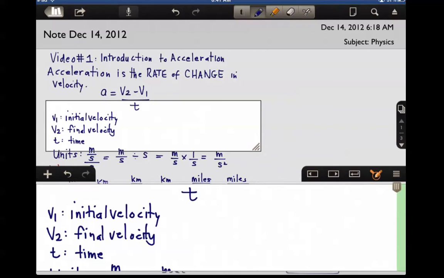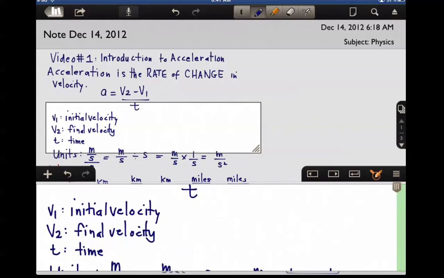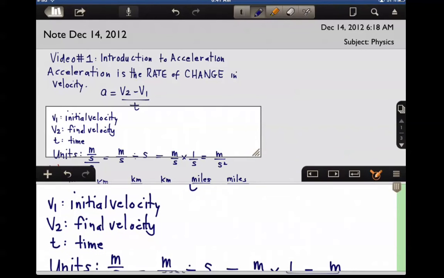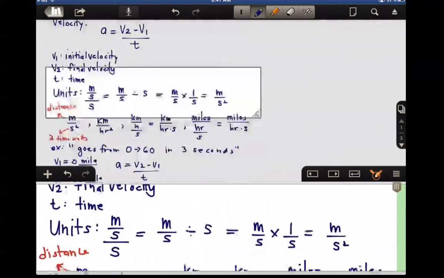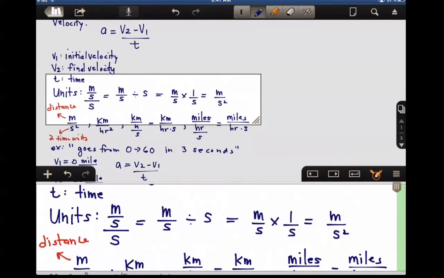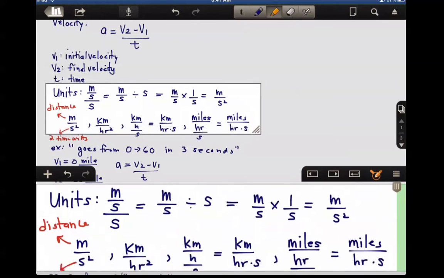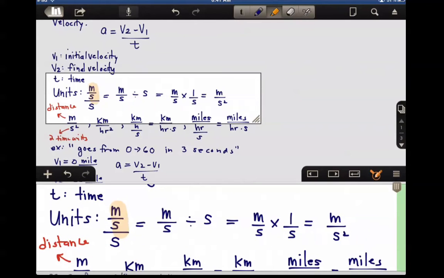The units are kind of ugly. So look inside this box here. The units are typically meters per second per second. And so right now, I'm talking about this area right here. Meters per second per second.